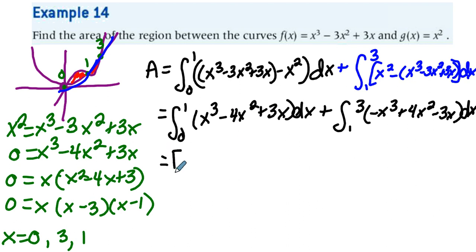So I'm going to drop my integral symbol and I bring out these square brackets. So x to the 4th over 4. Go ahead and do that without my help.